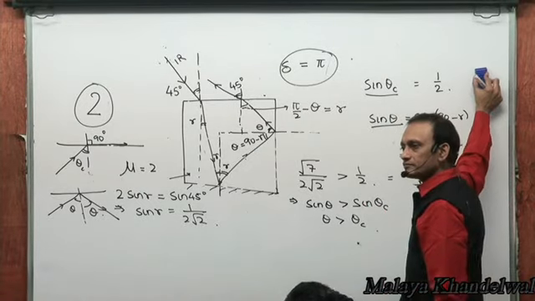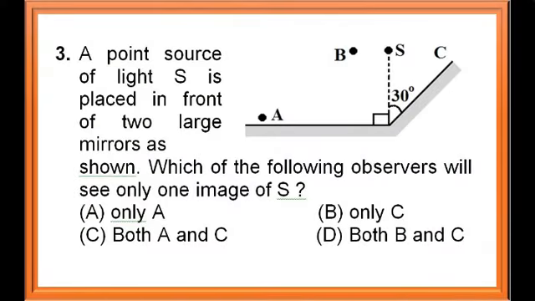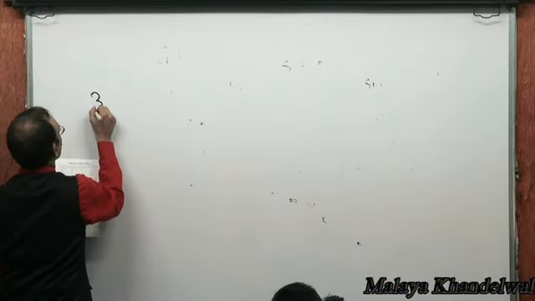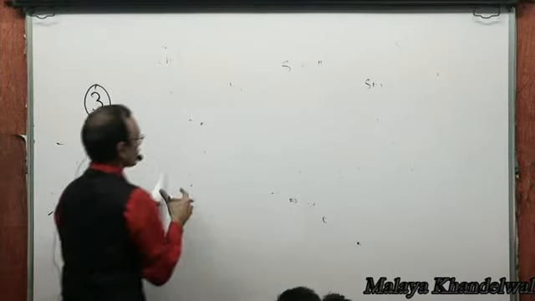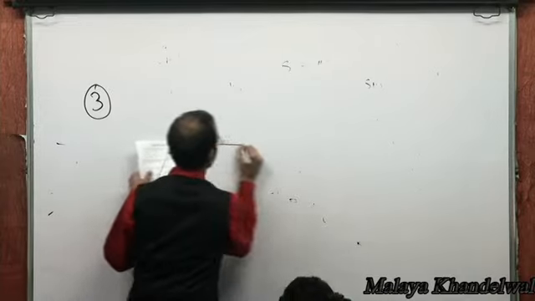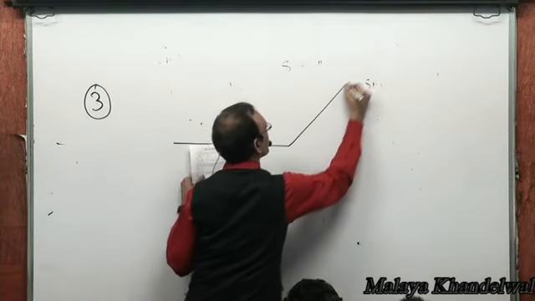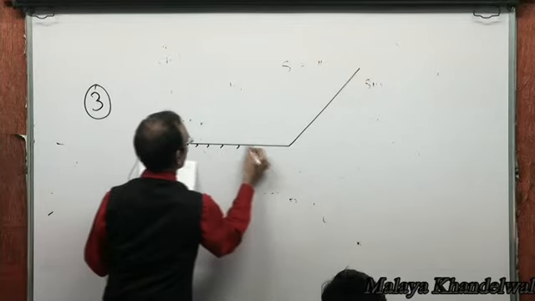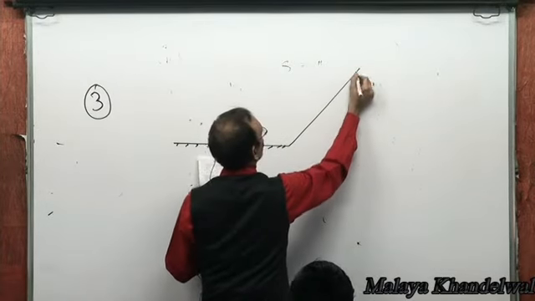Can I wipe this off? Problem number 3 of the sheet is about two plane mirrors inclined. These are two plane mirrors.